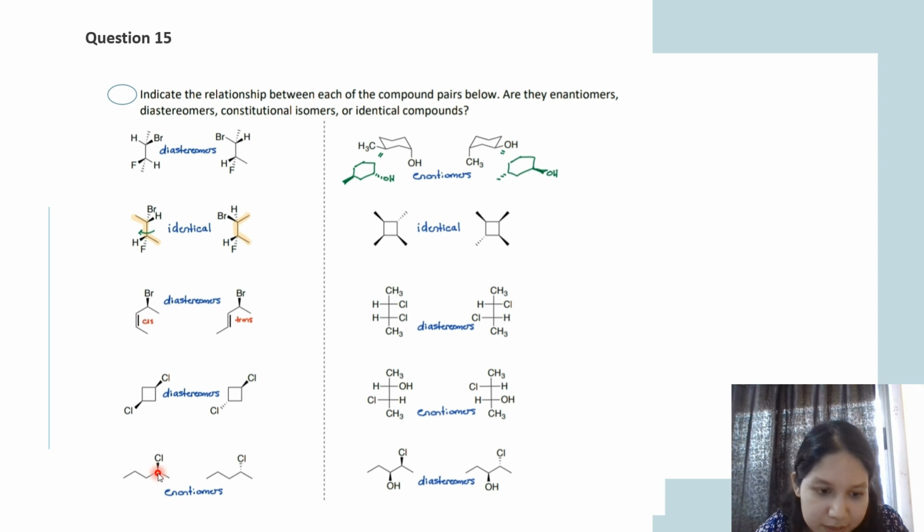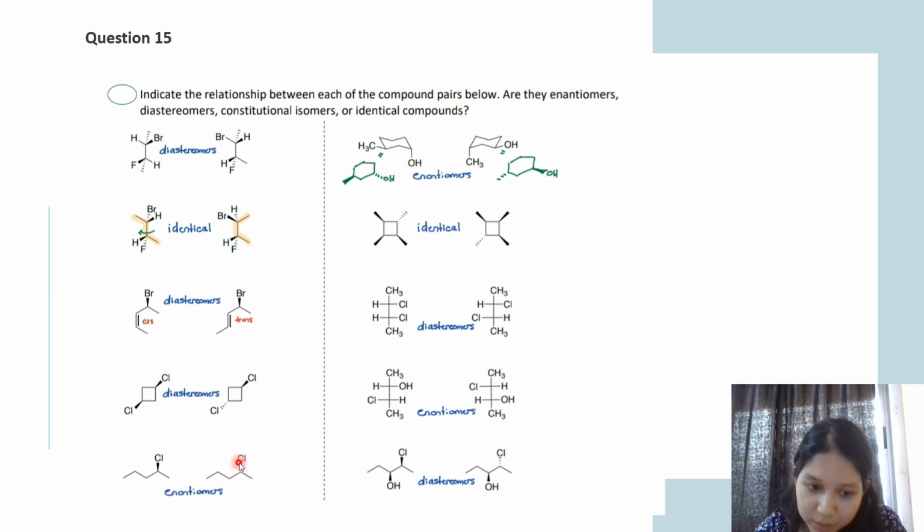For example, for this one, we have this one as the highest priority, this one as second priority, the methyl as third priority, and the hydrogen present, which is below the plane, will be fourth priority. If we move from 1 to 3, 1, 2, 3, you are moving in an anti-clockwise fashion where the fourth priority substituent is below the plane, then you have an S configuration for the center.